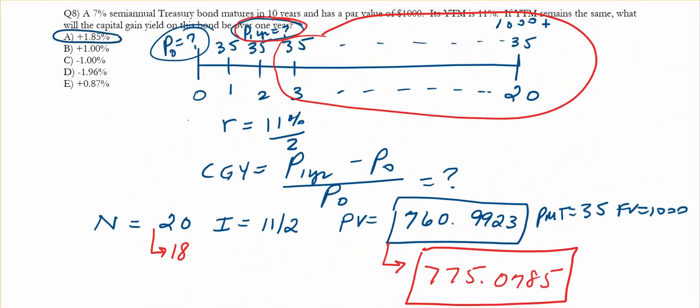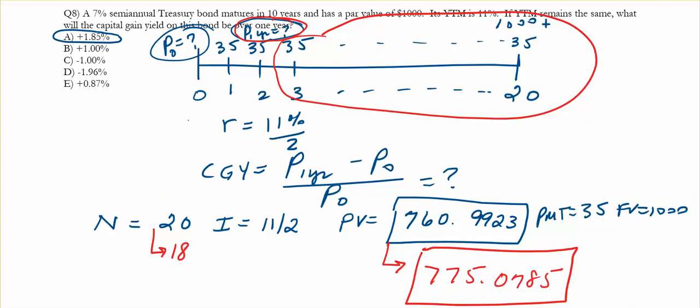Now in this problem, I want to pause to make you realize that this bond was a discount bond. The reason that we know it's a discount bond is that the price is less than par. Also, we know it's a discount bond because the yield to maturity of 11% is greater than the coupon rate of 7%.